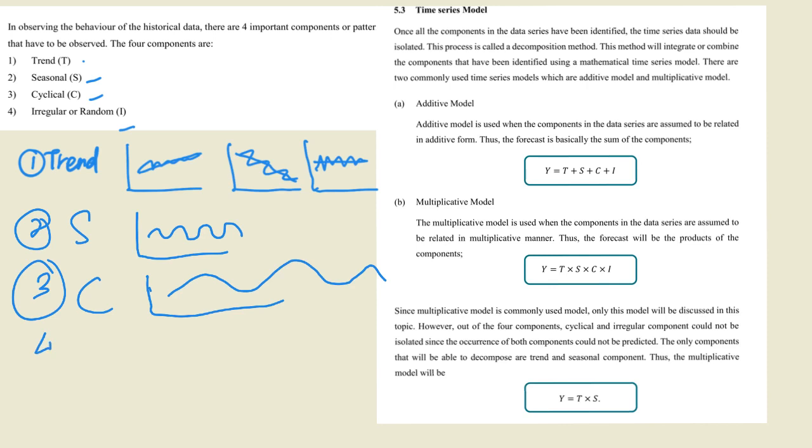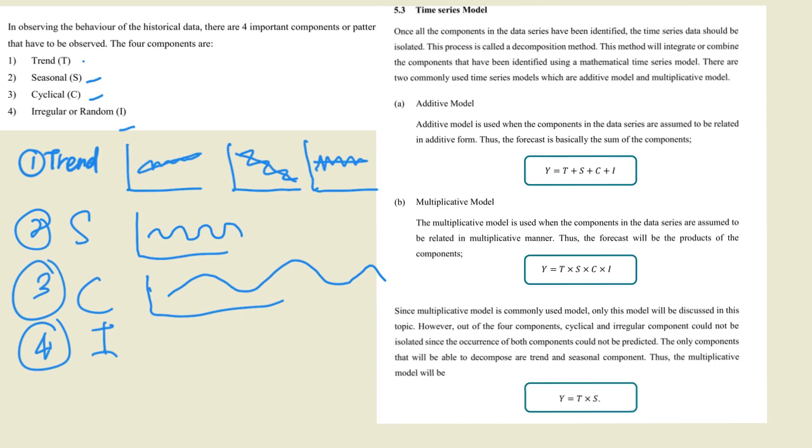And then the last component in time series data, we have irregular or random. The irregular component describes the movement of the data series which is completely unpredictable, not repetitive, and does not have any pattern.